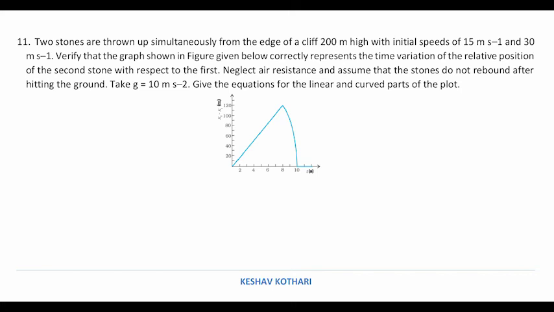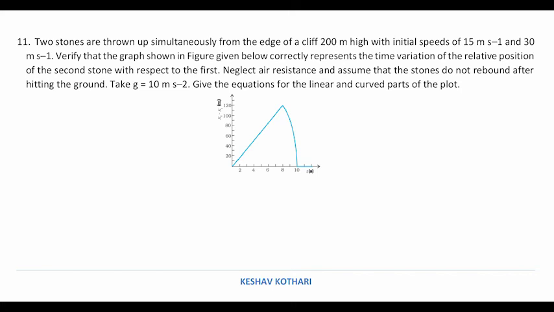Verify that the graph shown in the figure given below correctly represents the time variation of the relative position of the second stone with respect to the first. Neglect air resistance and assume that the stones do not rebound after hitting the ground. We are considering g equals 10 meter per second square, and we have to give the equation for the linear and curved part of the plot.